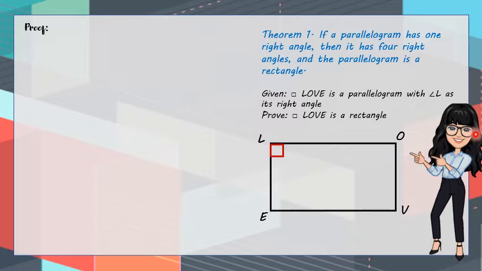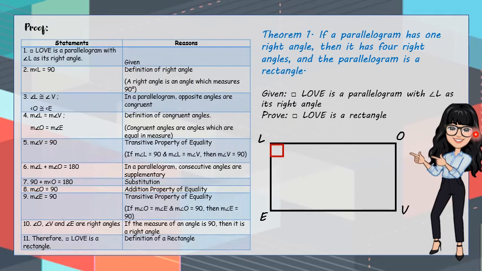Now we will have the proofs. In proving, we will have two columns for this one. The first column will include statements, our statements based on our given or based on the theorem, based on what we are trying to prove. And we will have the reasons. These reasons will support our statement.